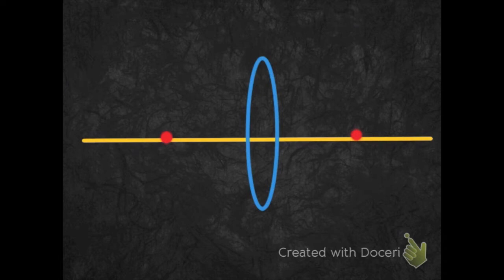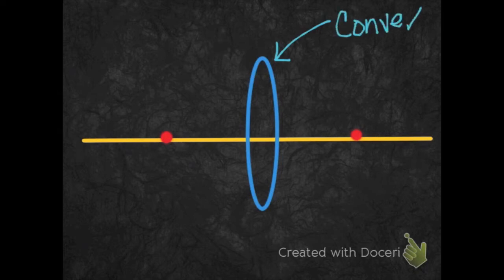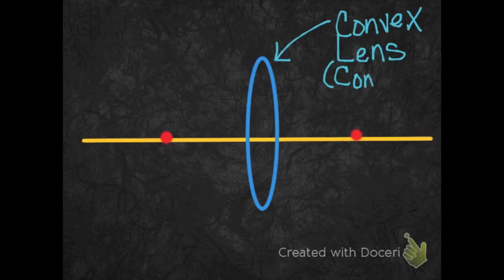Okay, so let's label some of the things that we've been talking about. First of all, this is our lens. Our lens is fatter in the middle and thinner on the ends, so this is a convex lens, or converging lens.